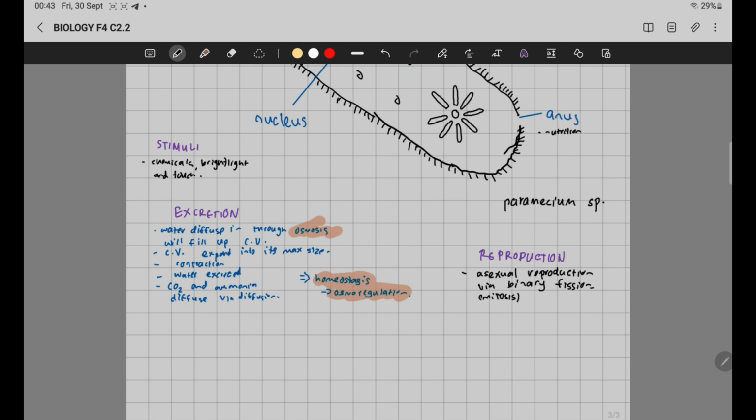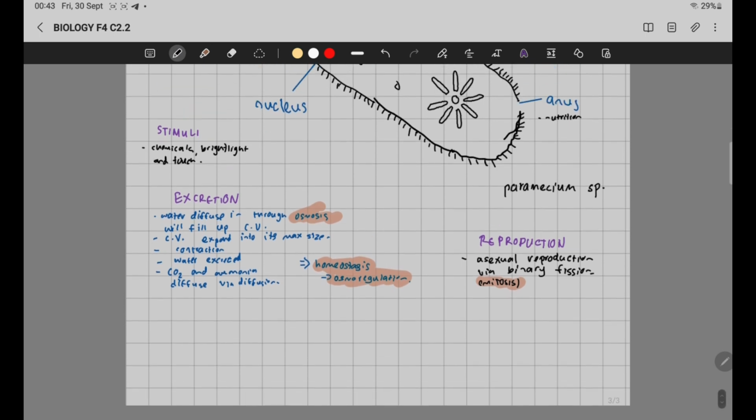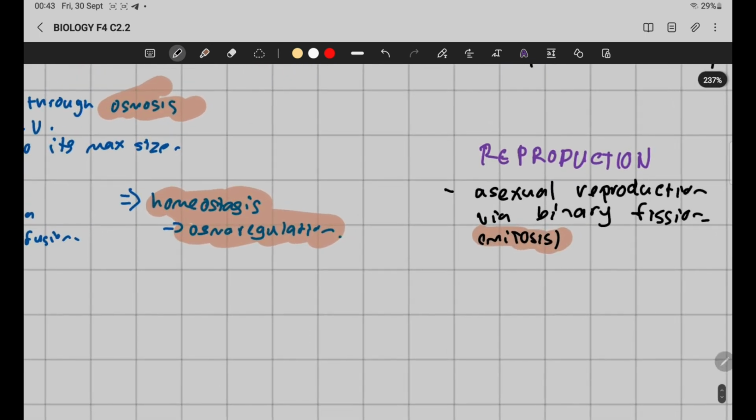But if the condition is harsh or not suitable for mitosis to occur, they will reproduce through sexual reproduction.